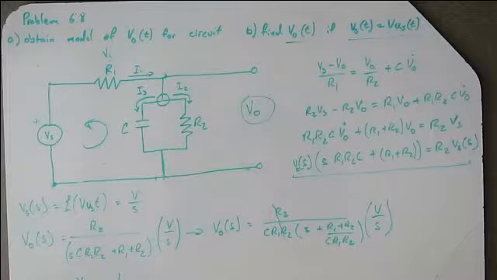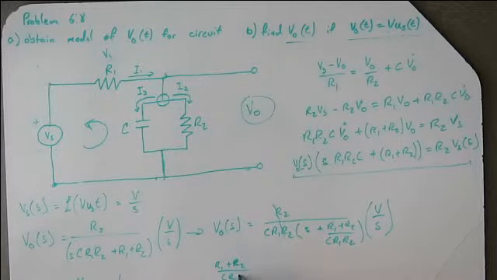So if I multiply the whole thing by that over that, equals, and then this thing gets multiplied.